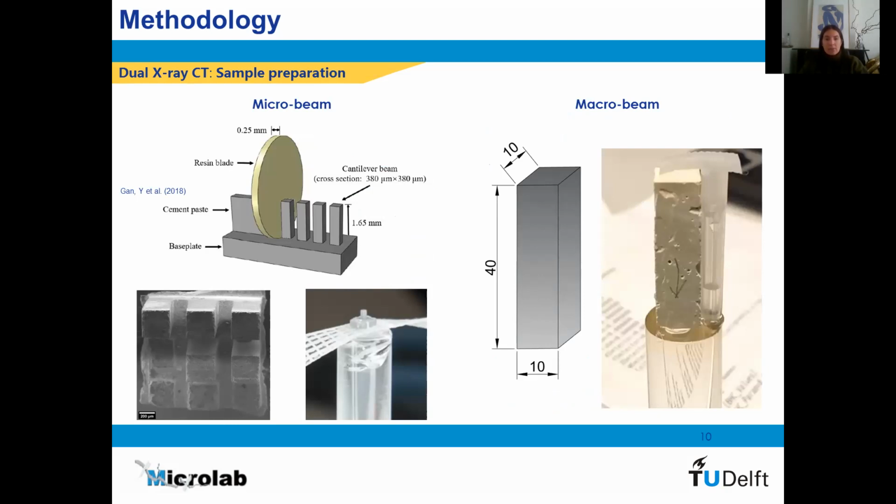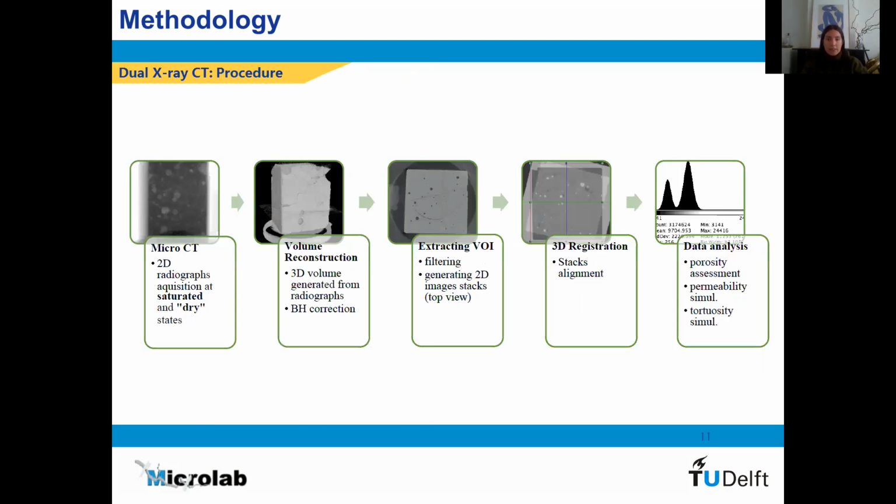In microbeams, which we call like that because the section was of 380 by 380 micrometers, and that we use to extract the pore structure employing the dual X-ray CT methodology, and a macrobeam that we use as well to map the porosity in 3D of the sample during carbonation, to use it as a way to quantify the penetration, the position of the carbonation front during the experiments.